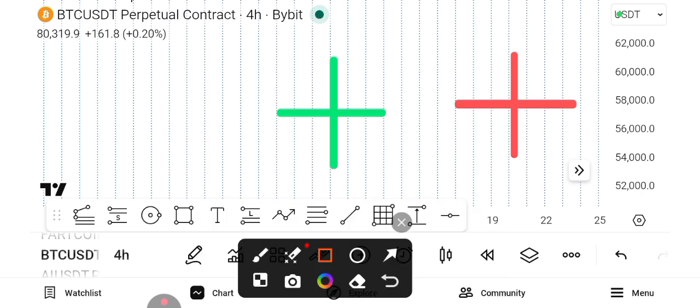This is actually called the traditional doji candlestick, which is what I'm teaching today. The traditional doji is both a bullish and a bearish reversal pattern. That means it can be found both at the top and at the bottom.